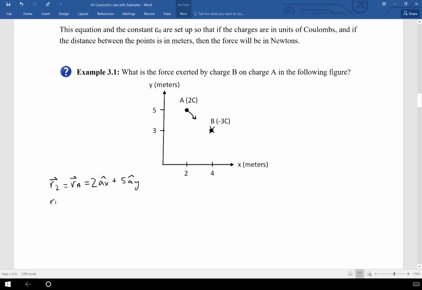And we're going to say that R1, which is the location of the charge that is causing the force, is R sub B, and this is going to be 4A sub x plus 3A sub y. And then, of course, the vector between those, R, is going to be R2 minus R1.